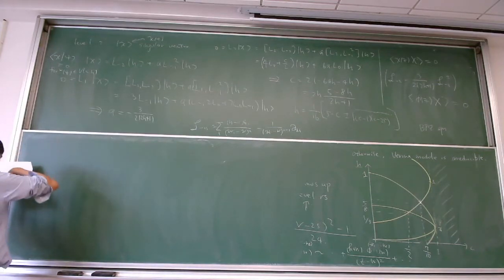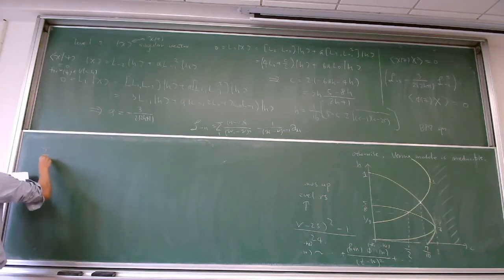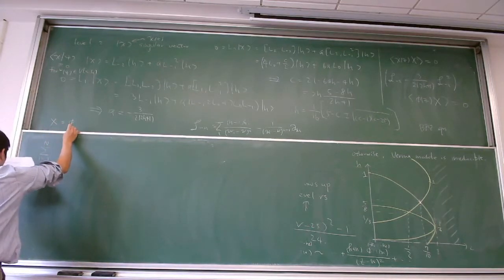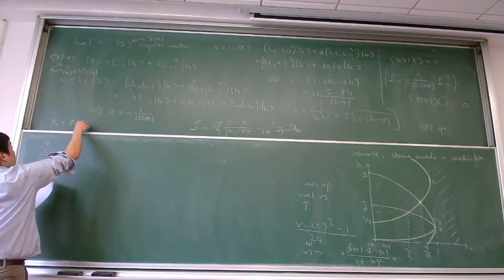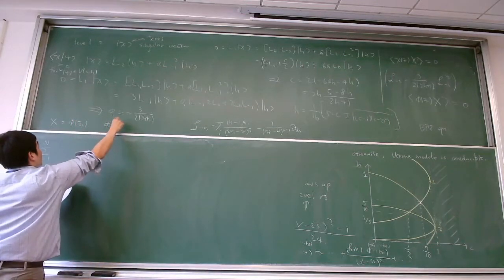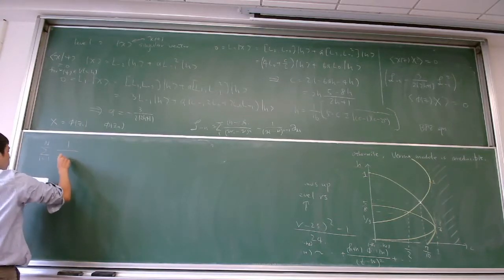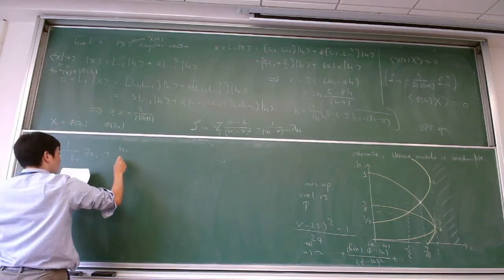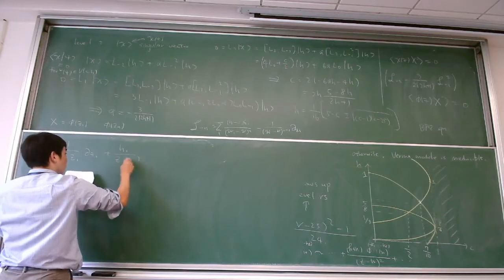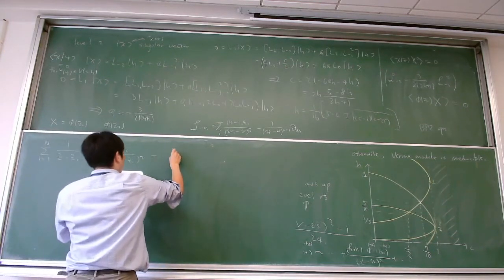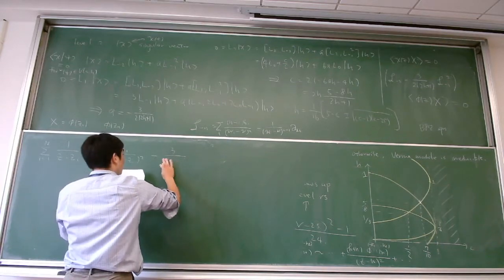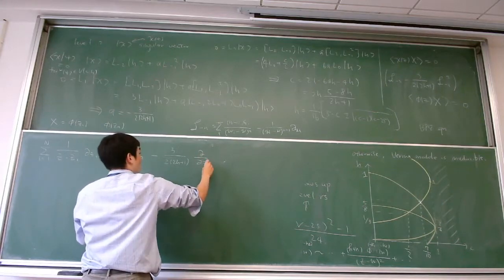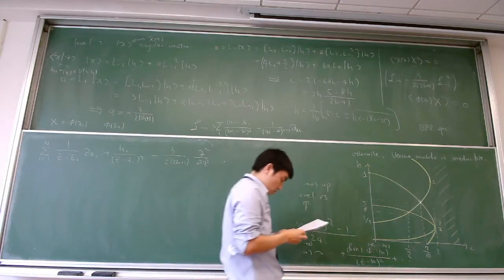Plug that into here, and what we get is the sum over i equal 1 to n. So x is assumed to be phi, and now I use z_i. Okay, so that's what you get.